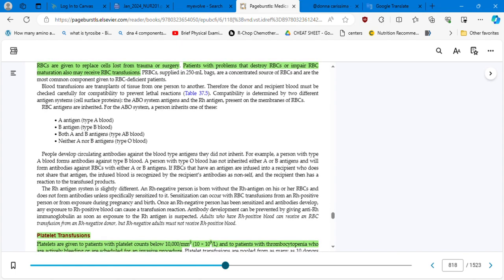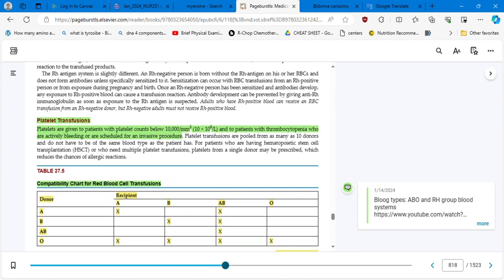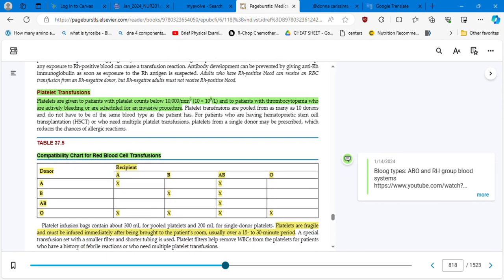So RBC antigens are inherited. For the ABO system, a person inherits one of these: an A antigen, B antigen, both A and B, or neither A nor B antigen. For platelet transfusion, platelets are given to patients with platelet counts below 10,000 and to patients with thrombocytopenia who are actively bleeding or scheduled for invasive procedures.